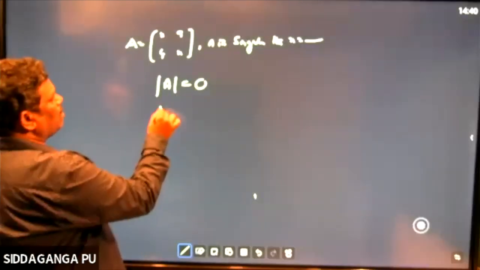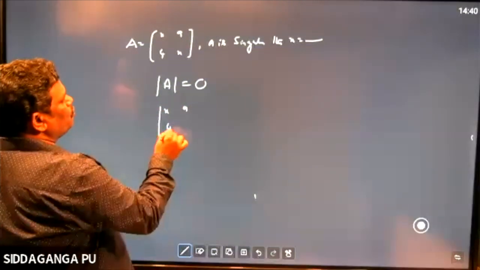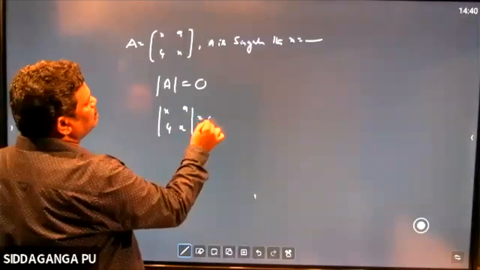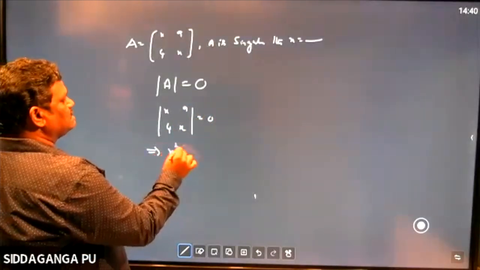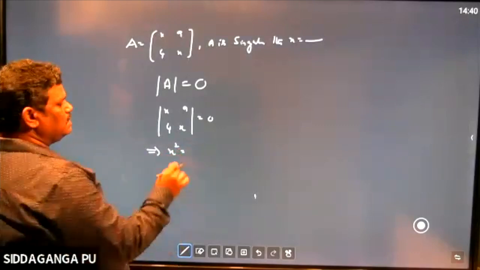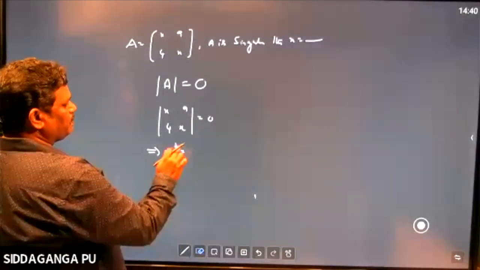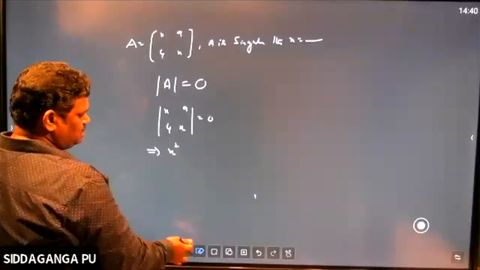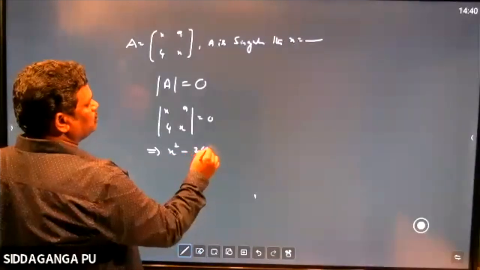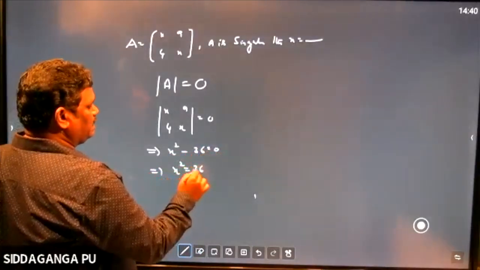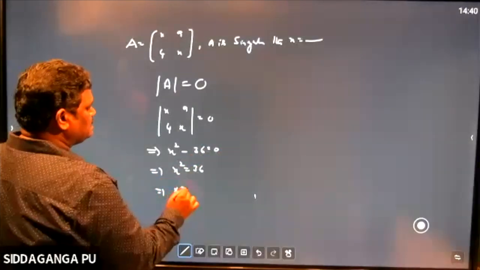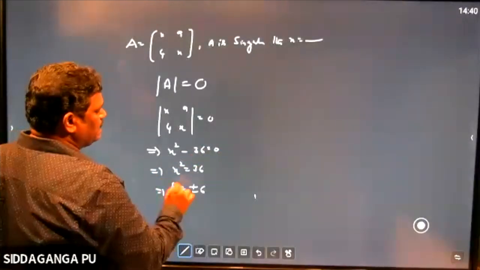Now the determinant of x, 9, 4, x equal to 0. Then x into x is equal to x square, minus 4 into 9 is equal to 36, that is equal to 0. x square is equal to 36, then x is equal to plus or minus 6.